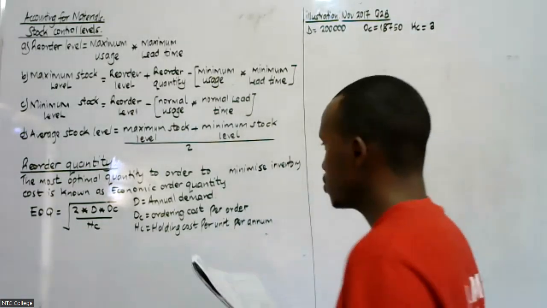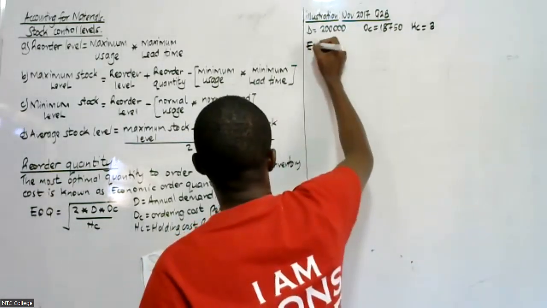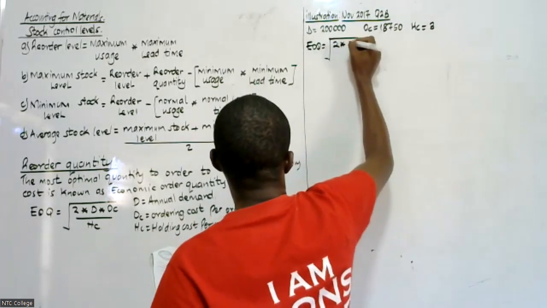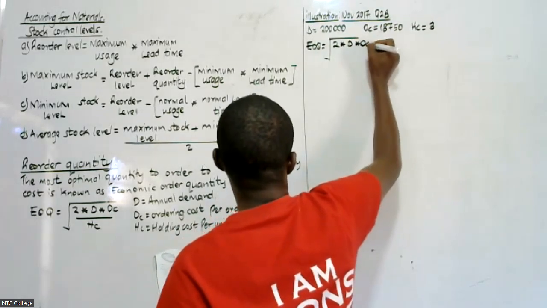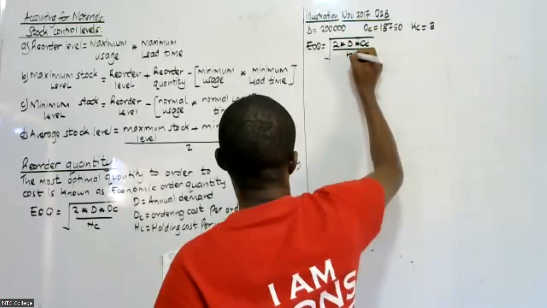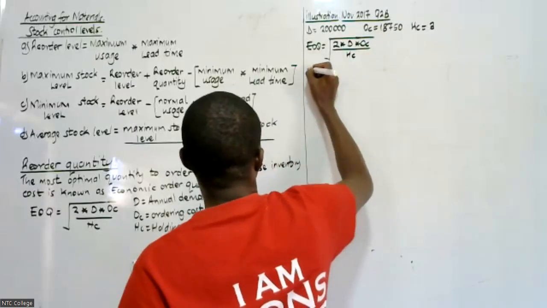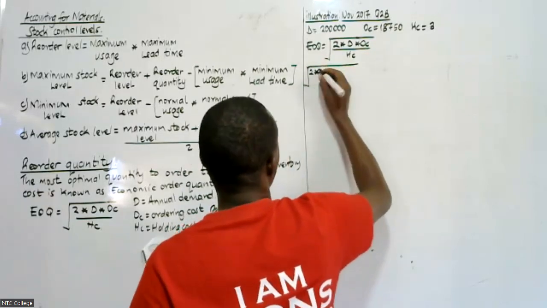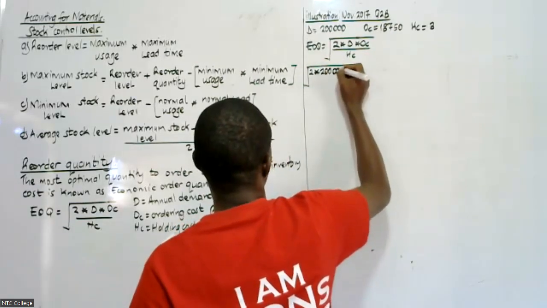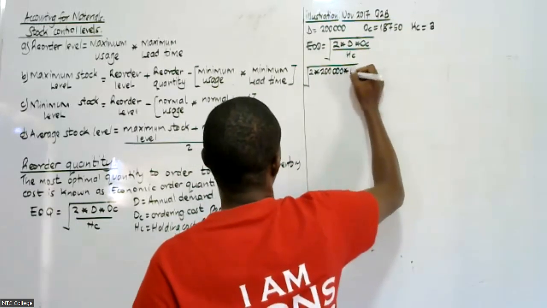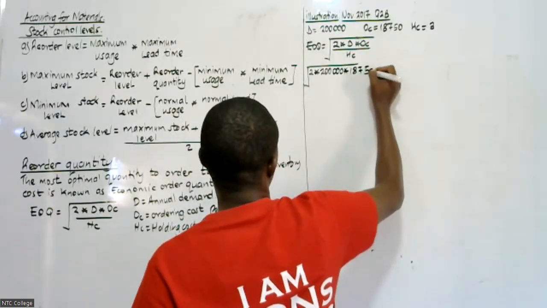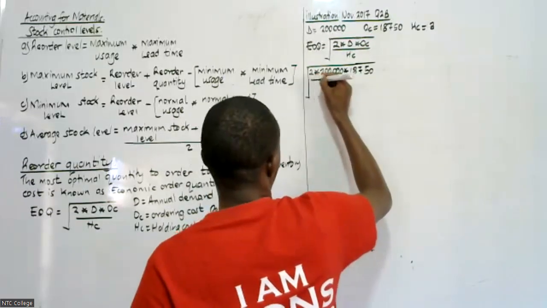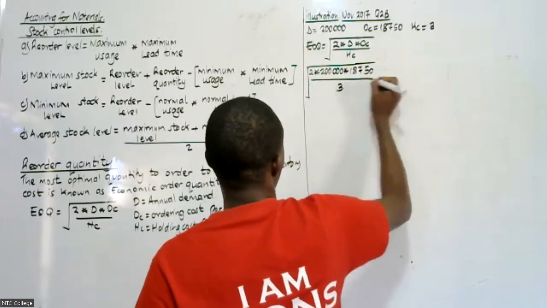So your EOQ is given by the square root of 2 times D times OC divided by HC. That is the square root of 2 times 200,000 times 18,750 divided by 3.